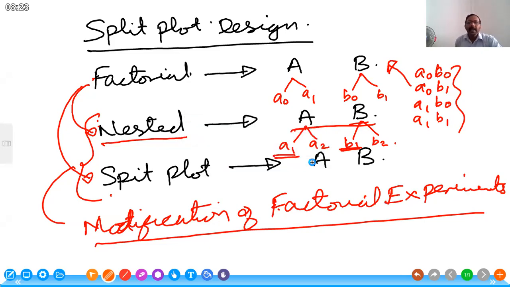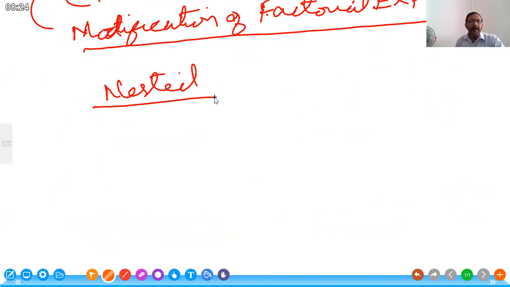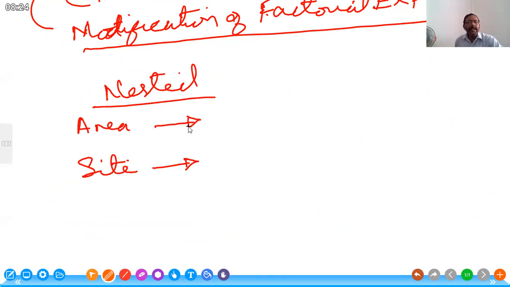Today we will see, we have seen one precision difference already. What is that? For example, in nested, in our just finished example, we had area and site. When you test area and site, did we use the same denominator?